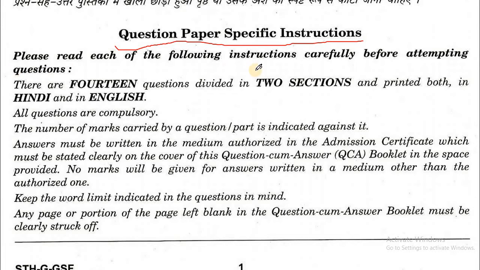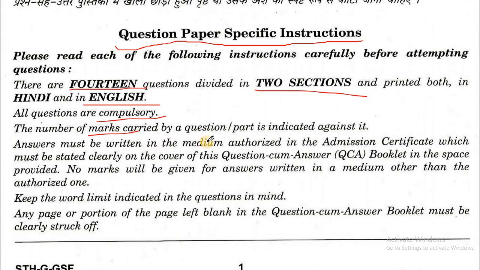Please read each of the following instructions carefully before attempting questions. There are 14 questions divided into 2 sections and printed both in Hindi as well as in English. All questions are compulsory. The number of marks carried by a question part is indicated against it.